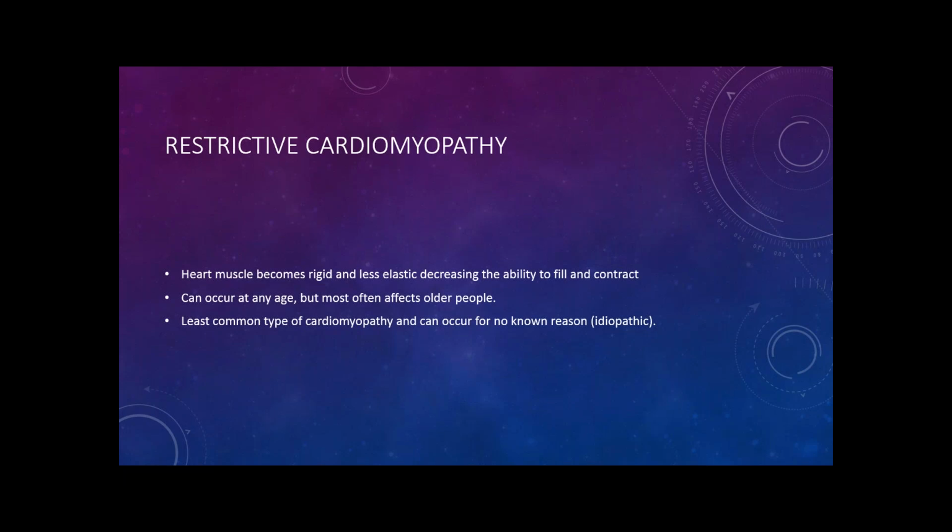I like to relate that to the fact that we get stiffer, our muscles get stiffer, our bones get stiffer, we start losing calcium. So this happens to our cardiac muscle as well. As it becomes stiffer and less elastic, it cannot contract and fill appropriately. Sometimes we have no known cause, and that is an idiopathic cardiomyopathy.